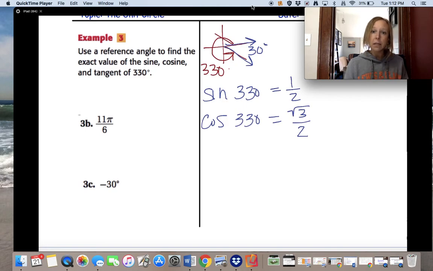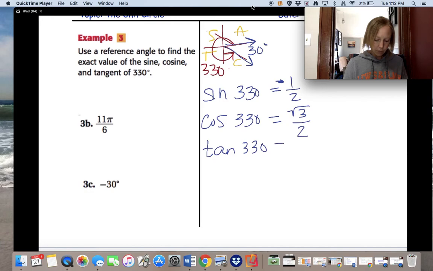What is it that's positive in the fourth quadrant? Let's think. All Students Take Calculus. C, that's the only thing that's positive in this quadrant. So that means that the sine is actually going to be negative, so I'm going to put a negative there. Cosine's positive. Our tangent will be negative.